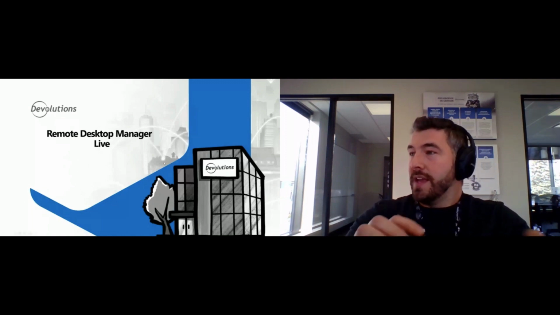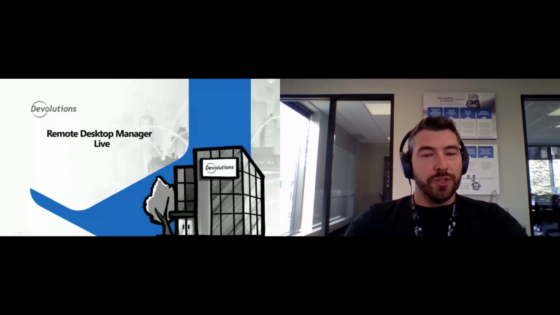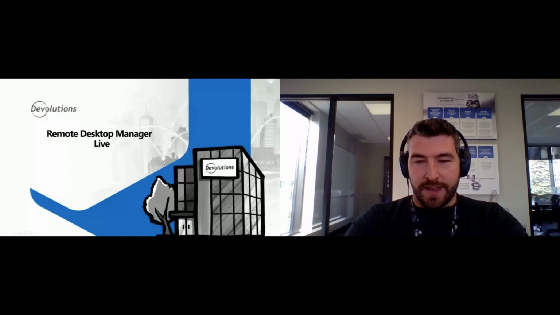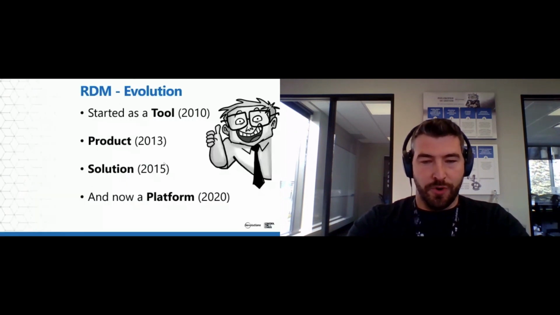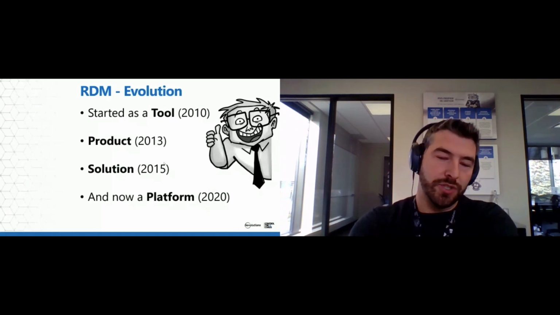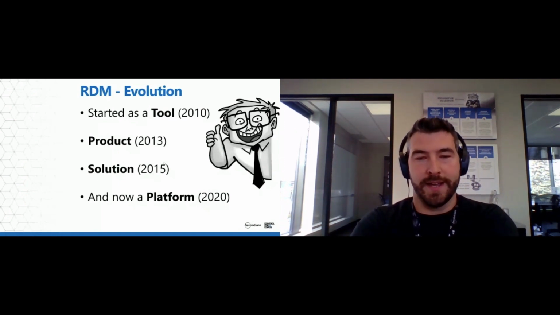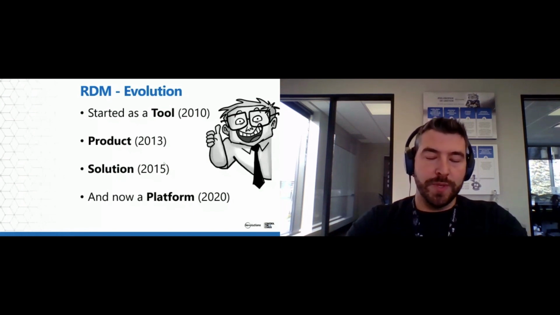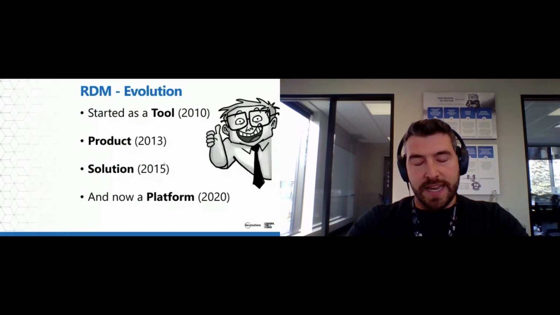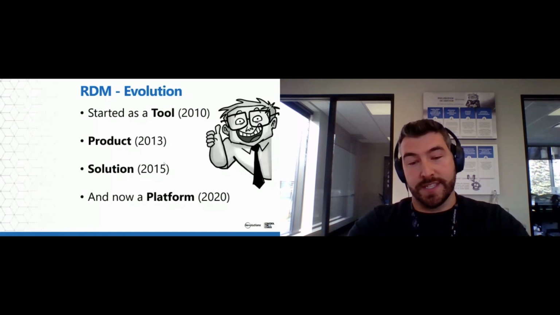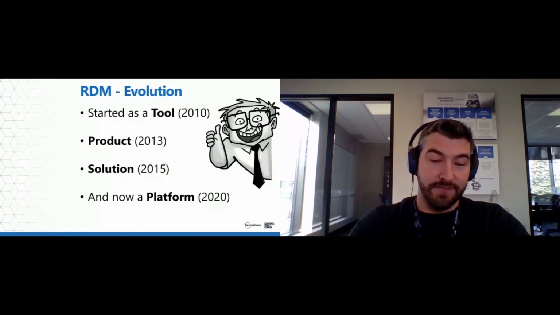So everything started as a tool in 2010. I developed Remote Desktop Manager for my personal needs. At that time, I wanted to access my machine. To be honest, it was a little bit before 2010. At the beginning, I had to access different machines to test. I think it was IE6 and IE7. So we had a lab.